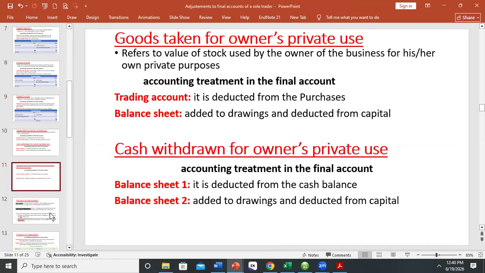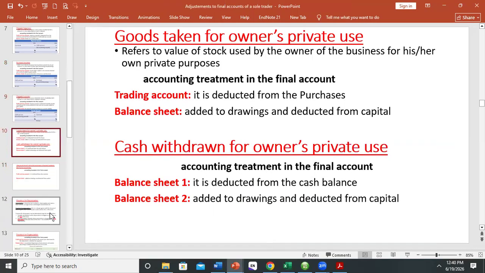So the next one is goods taken for owner's private use. Professors, Prof. Hillary, can you read it for us? Goods taken for owner's private use.